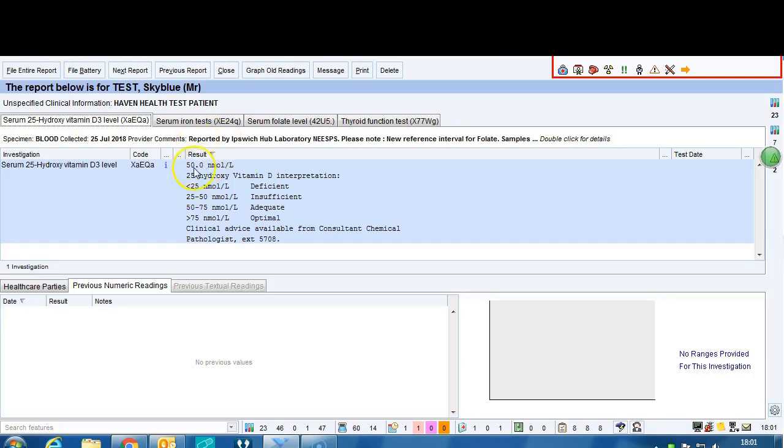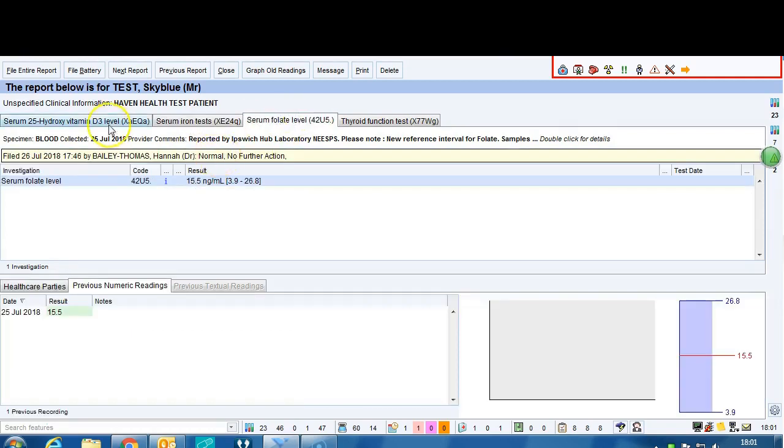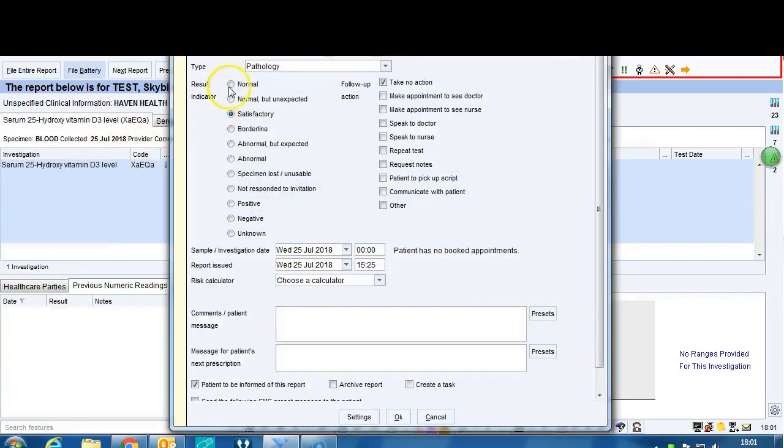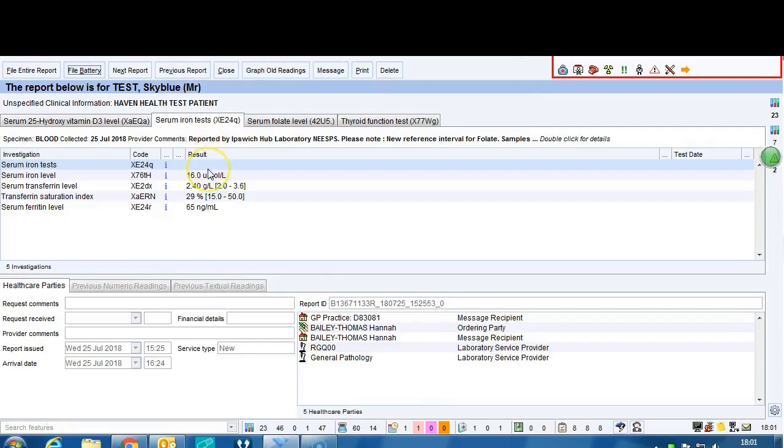So here we have a normal vitamin D result, normal folate level, we've said that, so let's just follow the battery on that. That's normal. Serum iron tests, so these are a little bit of a nightmare because two of them don't have normal ranges.